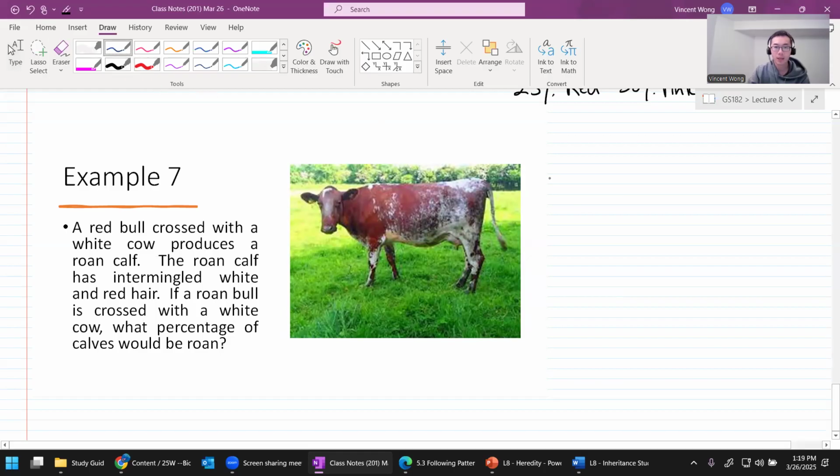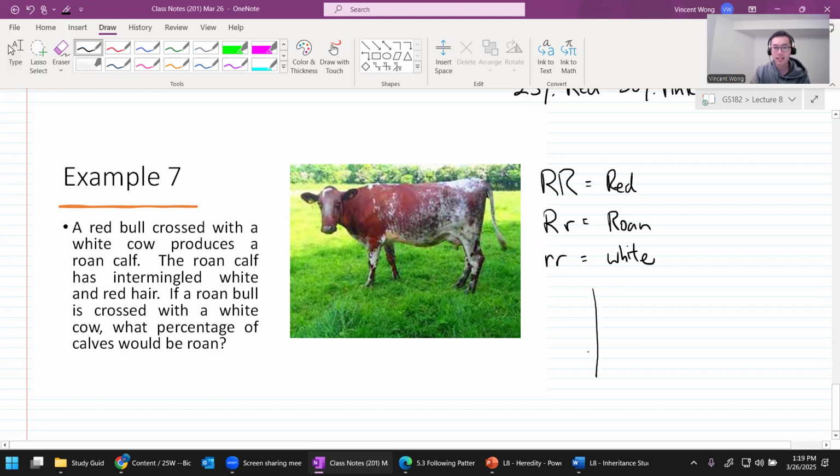So here we go. We can write out again. Big R, big R is red. And then big R, small r is something called roan. Small r is white. Right?